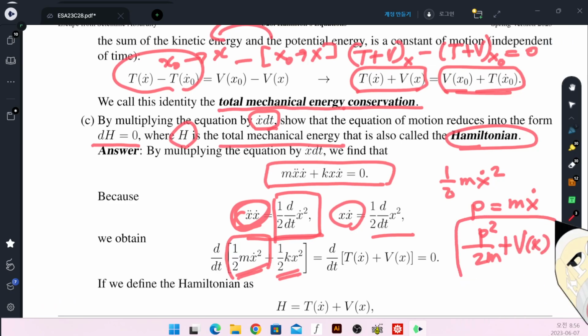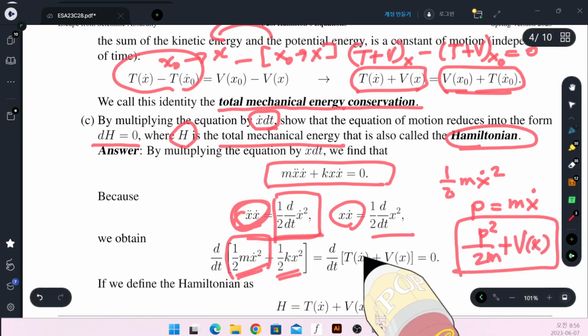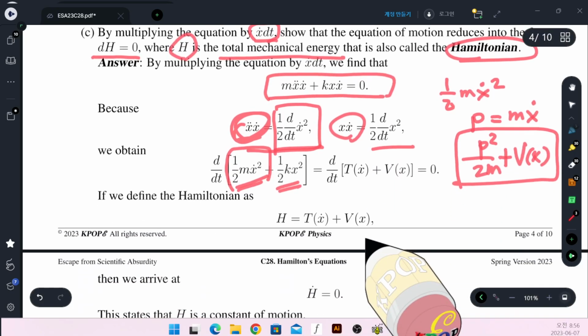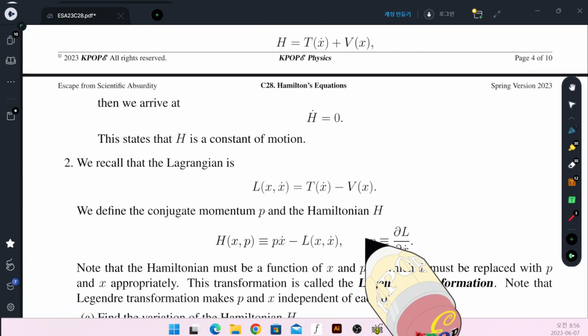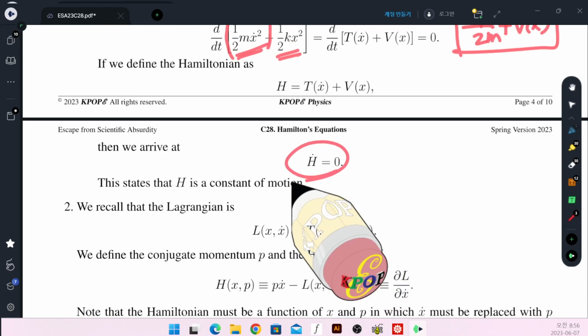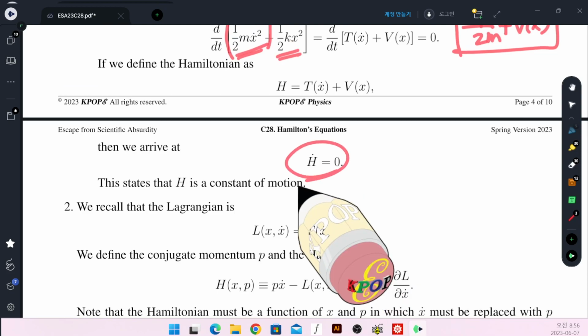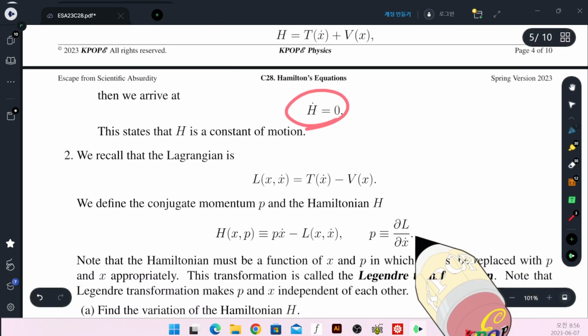So p squared over 2m plus potential energy is the Hamiltonian. All right. So the Hamiltonian's total time derivative is zero.